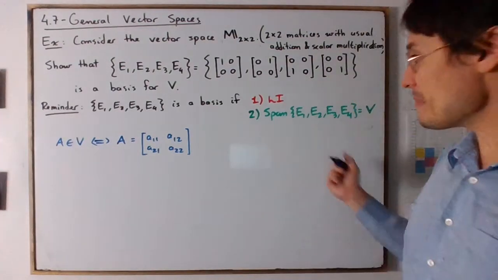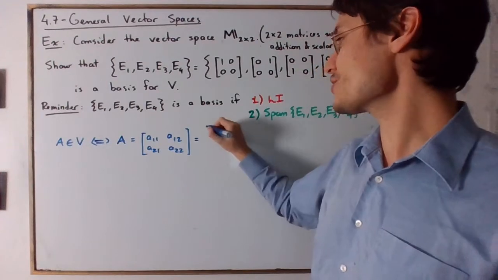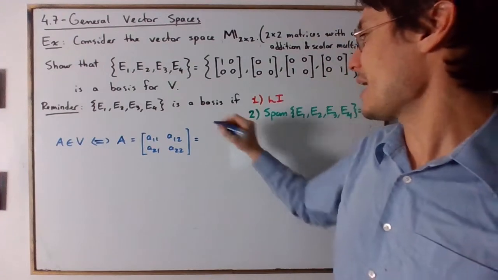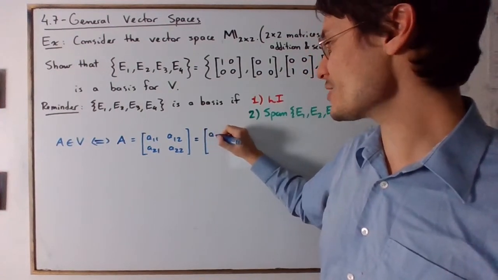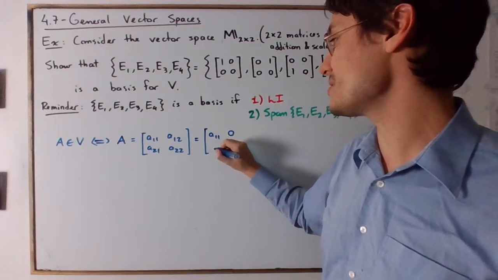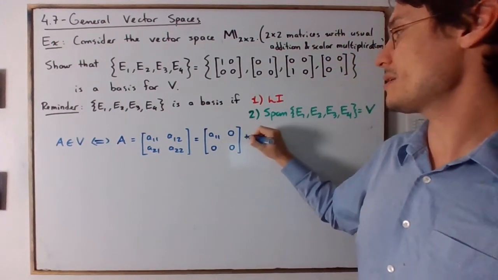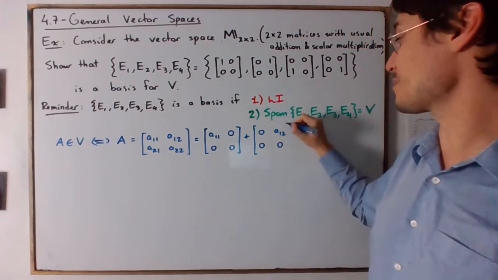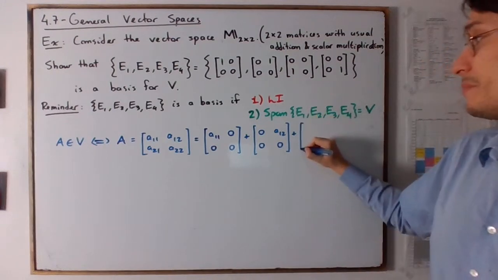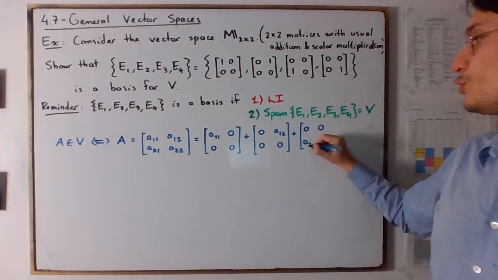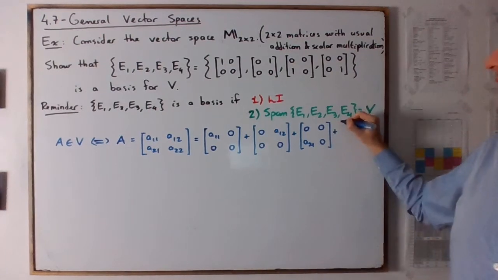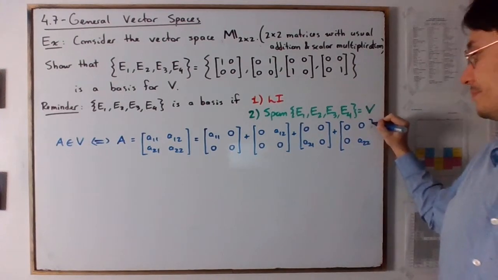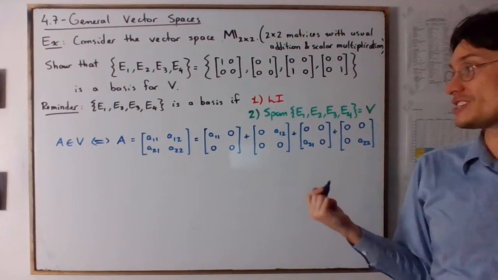Okay, and by matrix addition, we can write this, and let's go slow here, okay? By matrix addition, we can write this as A11, 0, 0, 0, plus 0, A12, 0, 0. You guys are probably already seeing where I'm going. Plus 0, 0, A21, 0, and finally plus 0, 0, 0, A22. So this is by matrix addition.